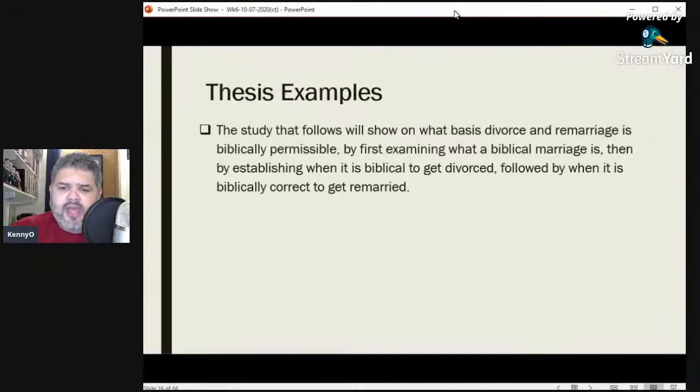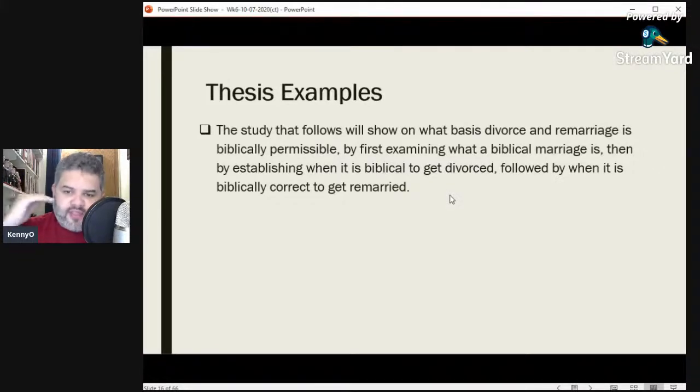Another thesis statement. The study that follows will show on what basis divorce and remarriage is biblically permissible by first examining what a biblical marriage is, then by establishing when it is biblical to get divorced, followed by when it is biblically correct to get remarried. Now, this thesis statement is probably a little bit wordy, but still it's clear to me what they are defending, right?